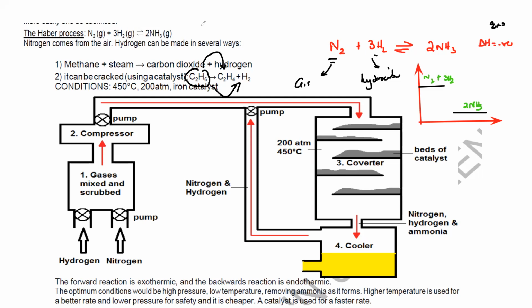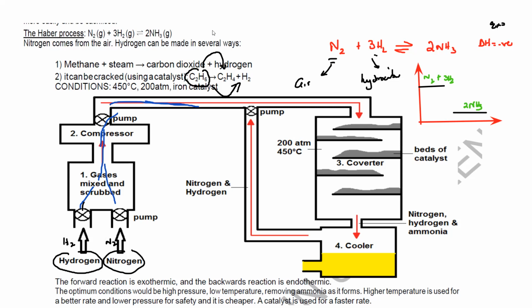So first what we do, we have hydrogen gas which is H2 and nitrogen gas which is N2. We pump them, so the nitrogen and hydrogen gases are pumped and they are compressed. Then we use a catalyst here.